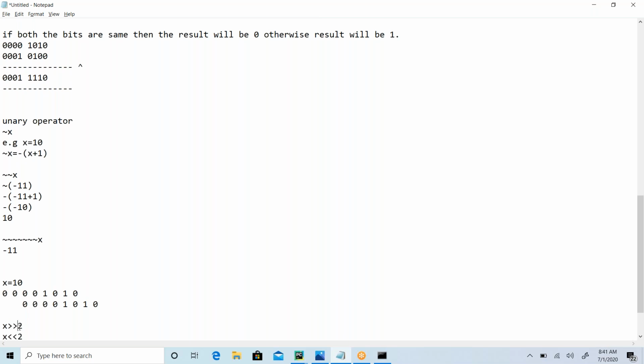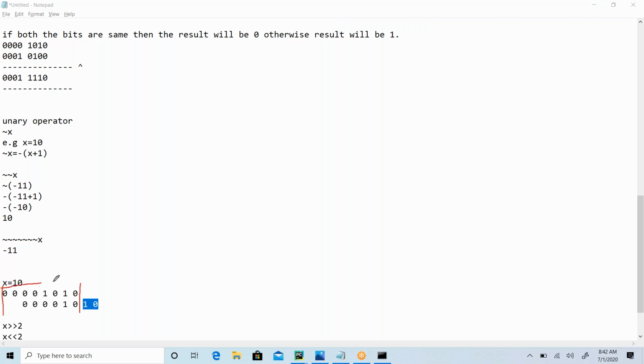So it is going to shift 2 bits. These are the 8 bits that I have. Now I said right shift. How many bits did I want to shift? 2 bits. So these 2 bits I have shifted towards the right.